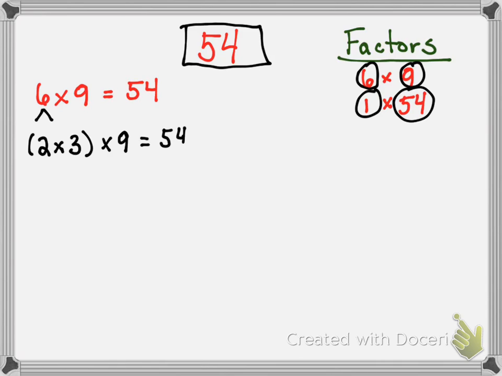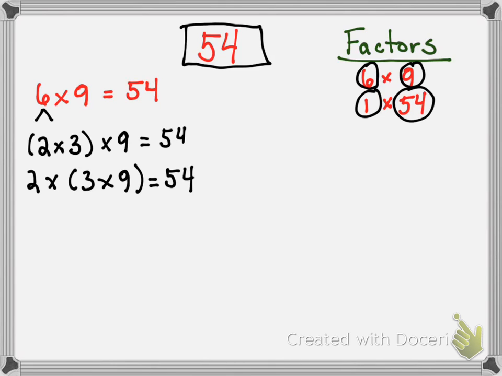Now what we're going to do, we are going to take 3 and 9 and continue using the associative property. We're going to group 3 and 9 together. So let's do that. 2 times 3 times 9 is still going to give us 54.